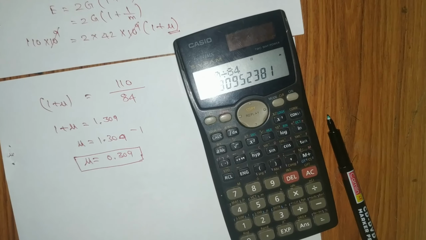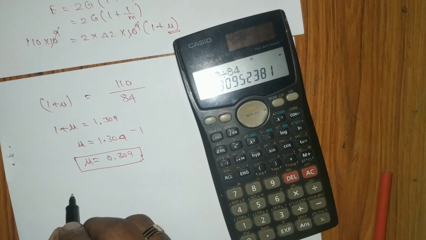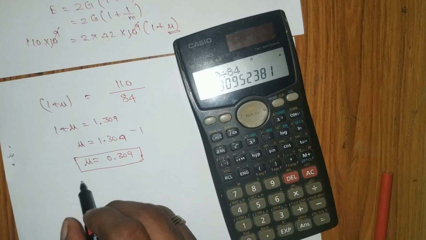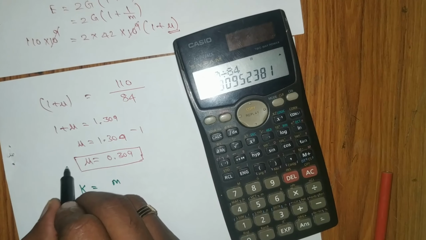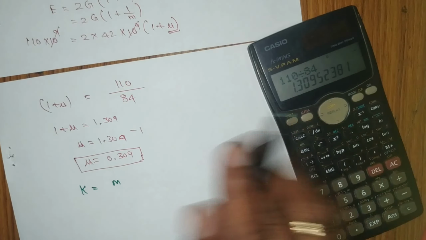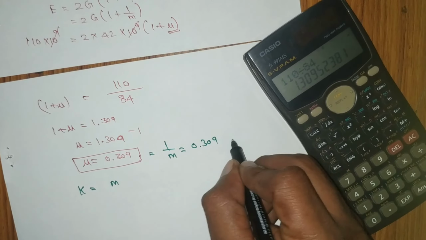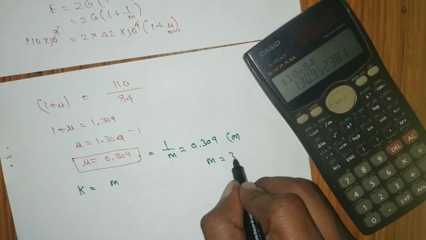And we know the relation between the bulk modulus K, mu and E. We can write the Poisson ratio as 1 by m equal to 0.309, or we can write m equal to 1 by 0.309, you will get 3.22.